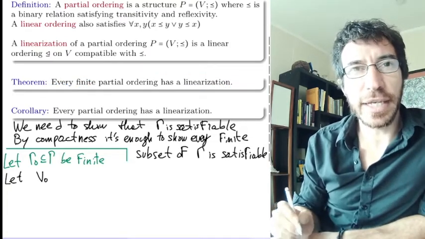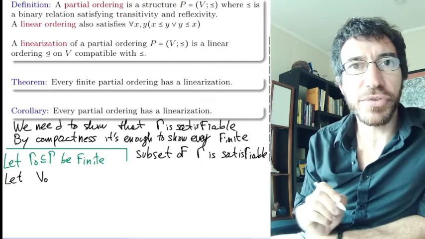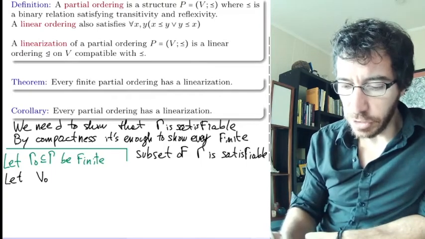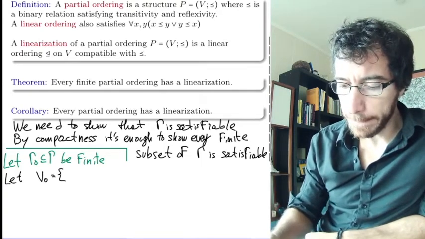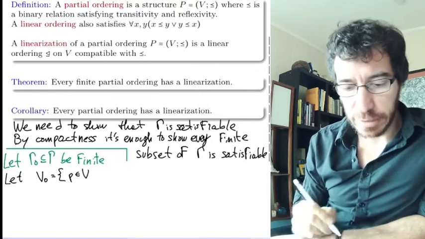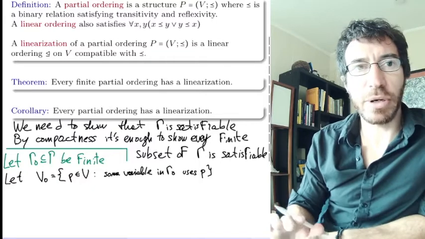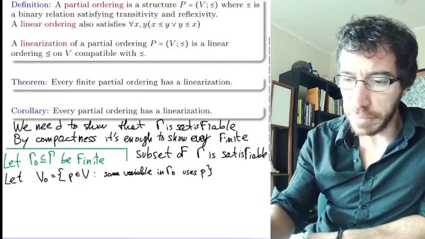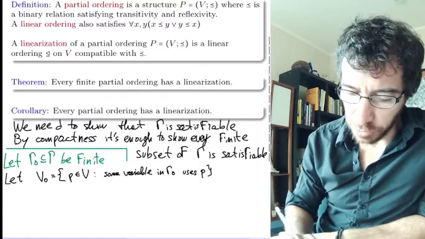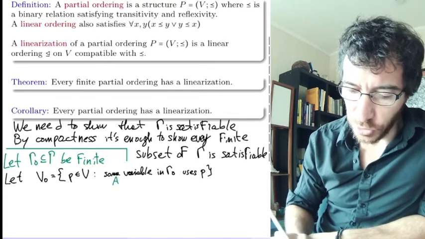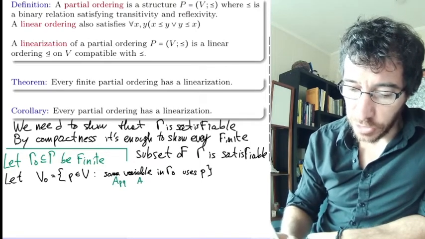Let's consider the subset V of the domain of all the P's that show up in gamma 0. By show up, I mean in some variable. The variable could be of the form APQ or AQP.